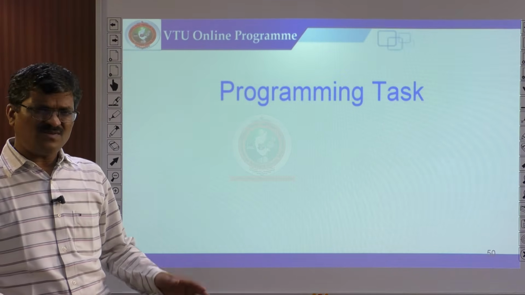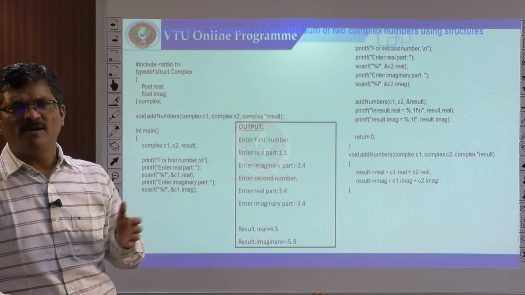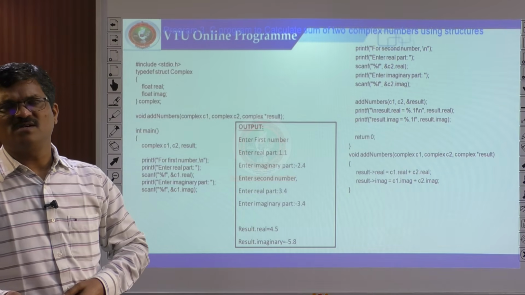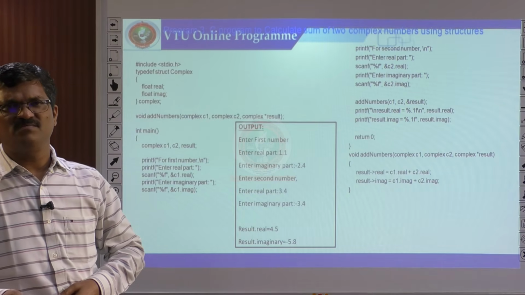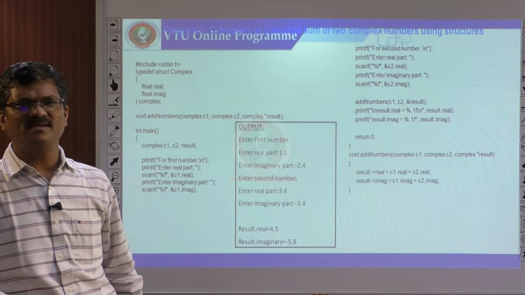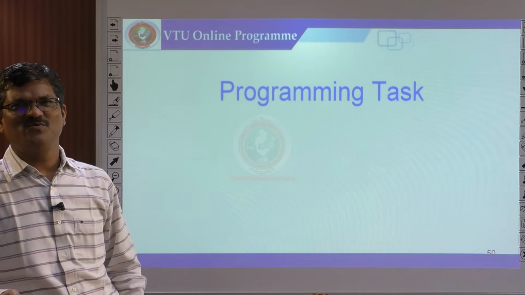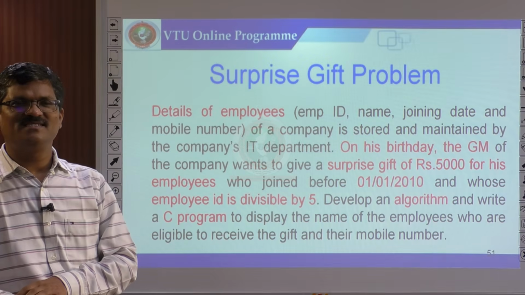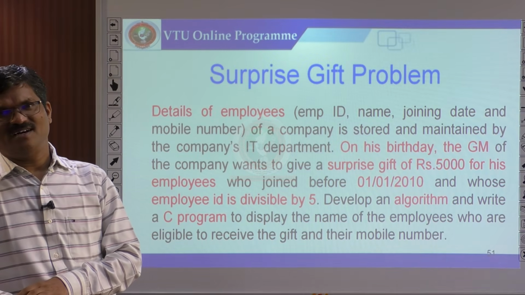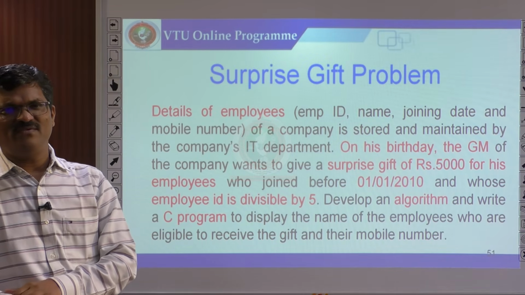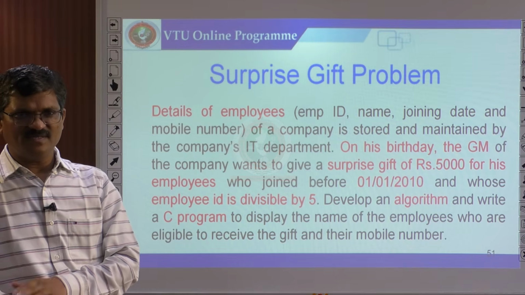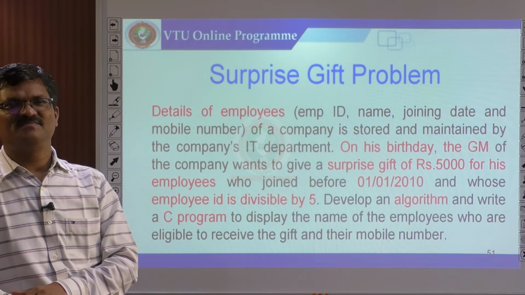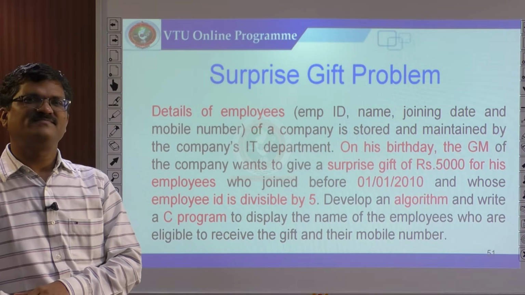So, this is the way you can do some work with sample programs, many more programs are there. And now, I would like to give you one program task. So, in this program task you are given a problem of surprise gift. Read the problem.